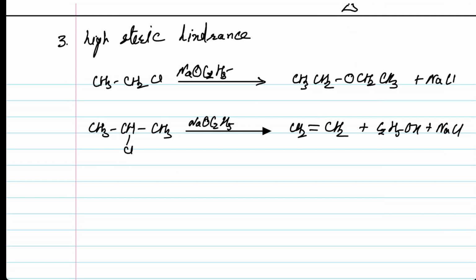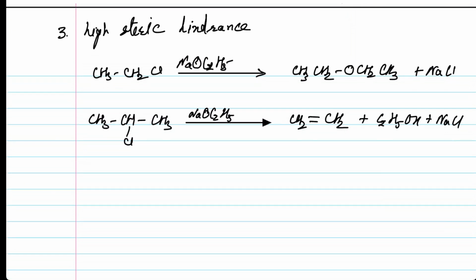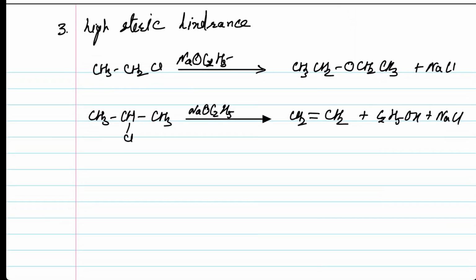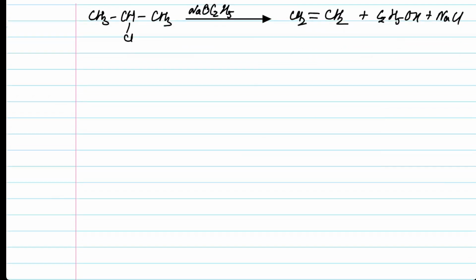As you can very well see, in elimination reaction, the right side has three products and the left hand side has two reactants. While in substitution, on the left hand side we have two reactants and the product side also has two products. So this is high steric hindrance on the carbon containing the halogen. Further, there is a fourth factor which favors elimination reaction.